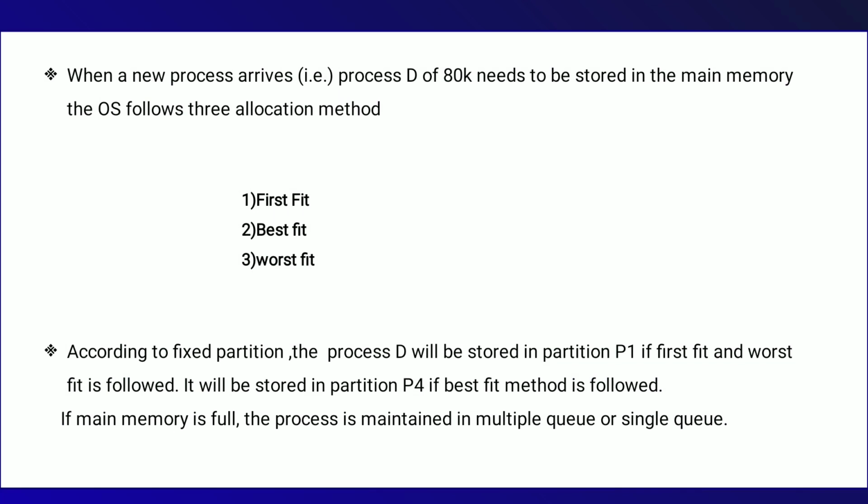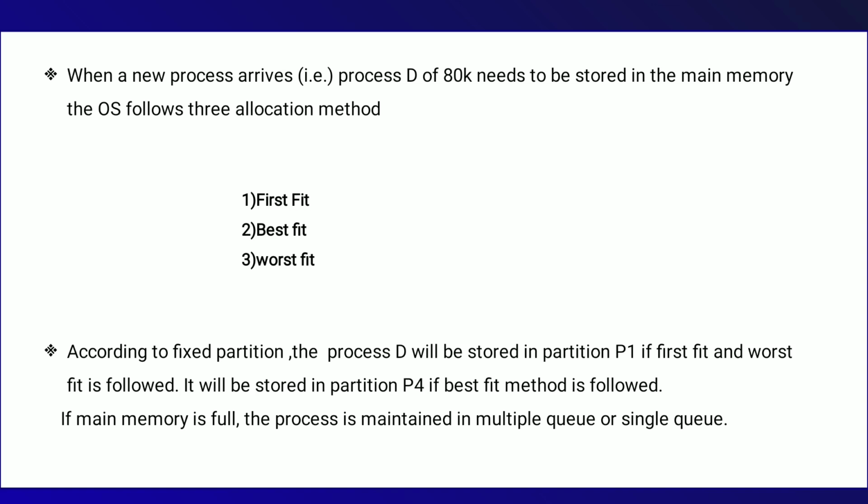In best fit, the partition whose size is closest or nearest to the size of the file is chosen. In first fit, the file is allocated to the first partition that fits. In worst fit, the file is allocated to the largest memory space of the partition.